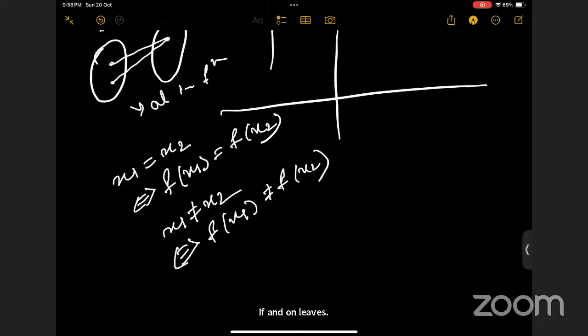So this is the mathematical expression, and the underlying concept is that for each point from the domain, you will find different outputs. That means the images will be different.